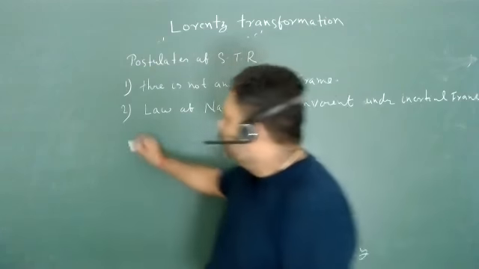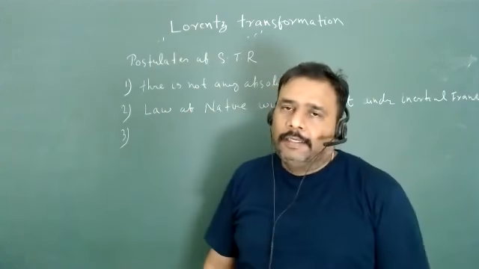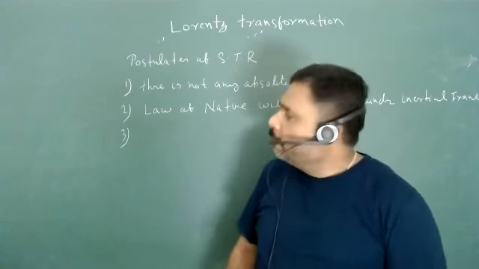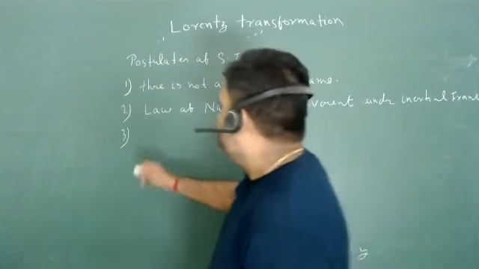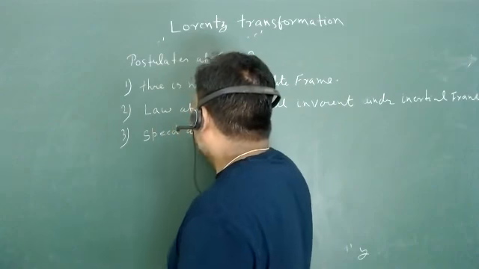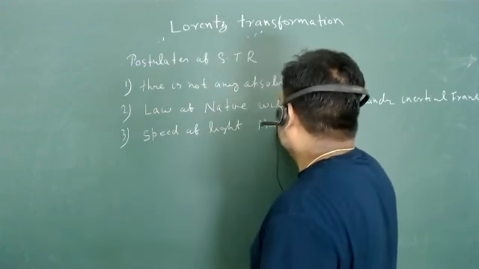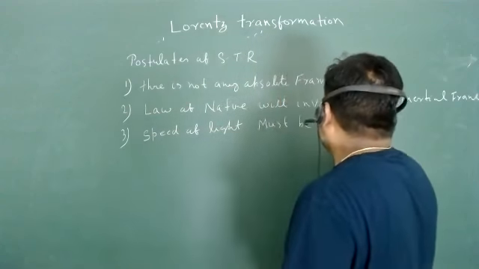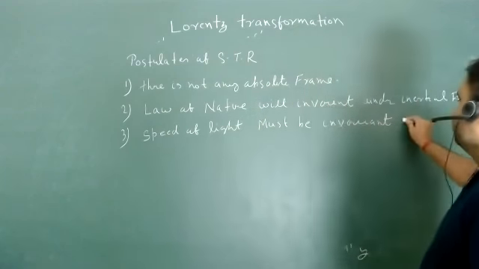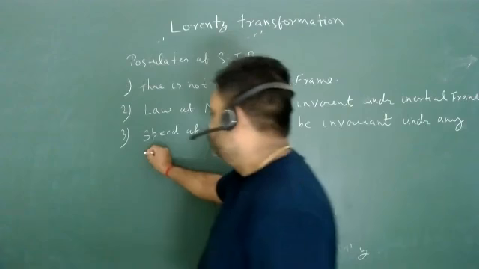But the third postulate is an addition to the Galilean one, and this is the outcome of the Michelson-Morley experiment. What is this third postulate? The speed of light must be invariant under any inertial frame.